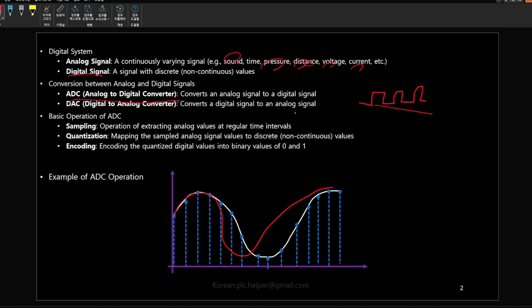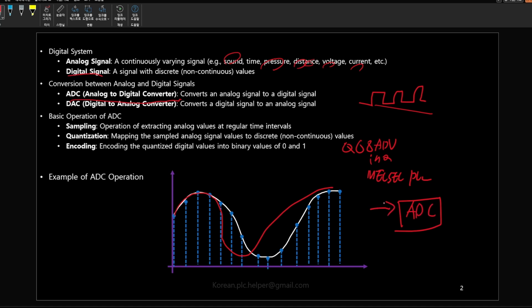An ADC is a device that converts analog signals into digital signals. A representative example is the Q68ADV card in a MELSEC PLC.